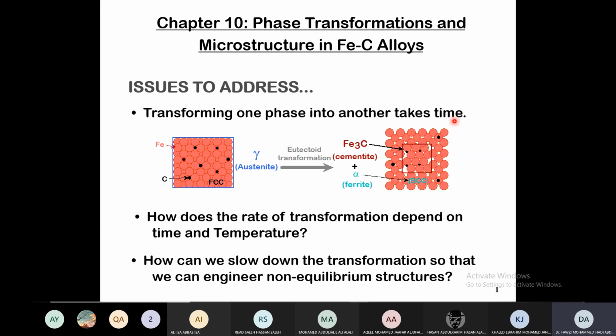These microstructures which we talked about are called equilibrium microstructures, equilibrium configurations, and that's why we called it the equilibrium phase diagram.